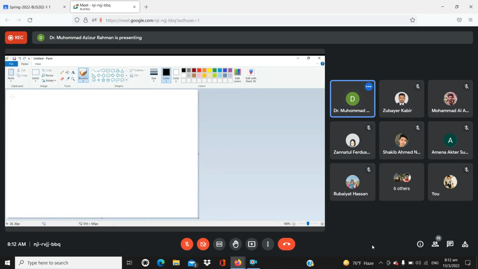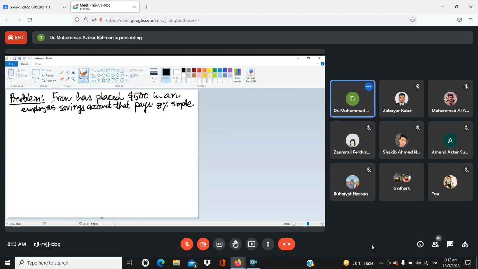So there was a problem like this: Fan has placed $500 in an employee's savings account that pays 8% simple interest.